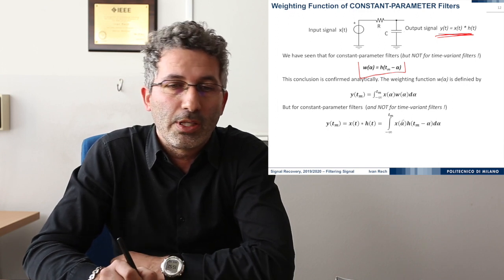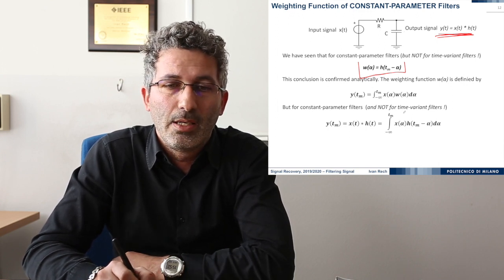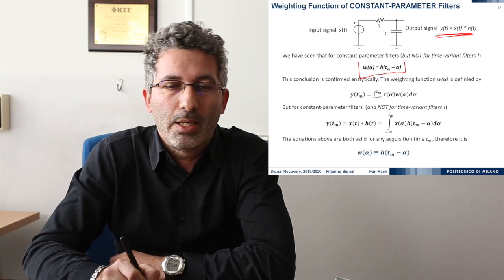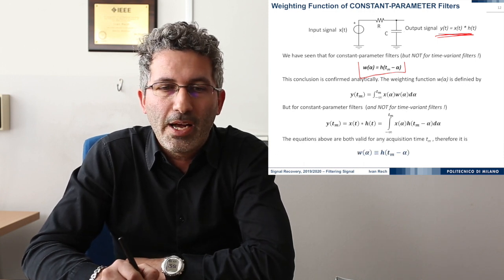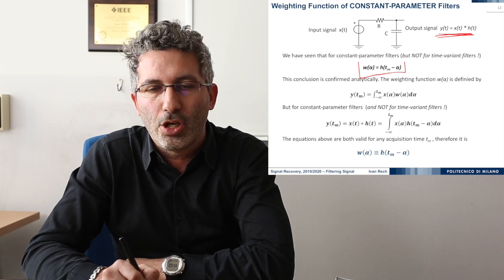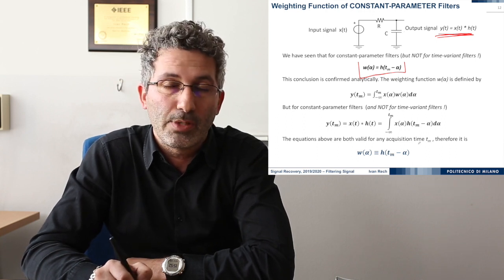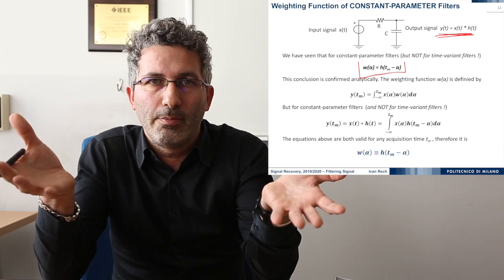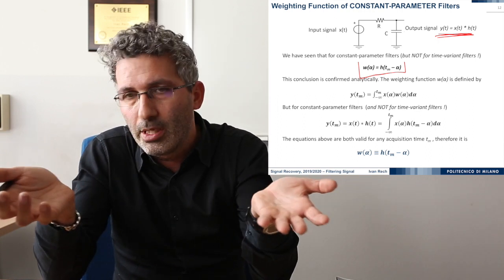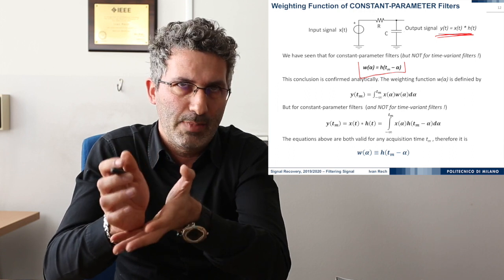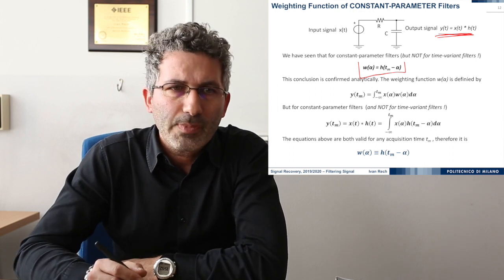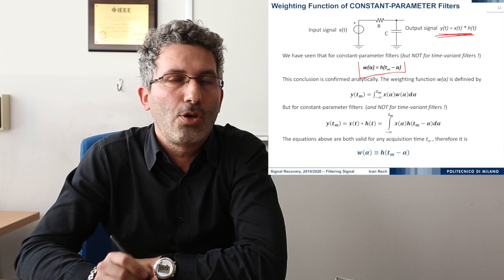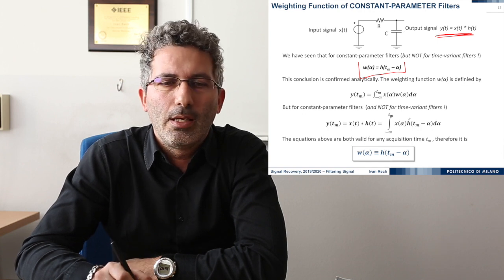Since these two equations give us exactly the same output, we can define the weighting function exactly as h of Tm minus alpha. So from the graphical and the mathematical point of view we obtain exactly the same results. This is correct for the constant parameter filter.